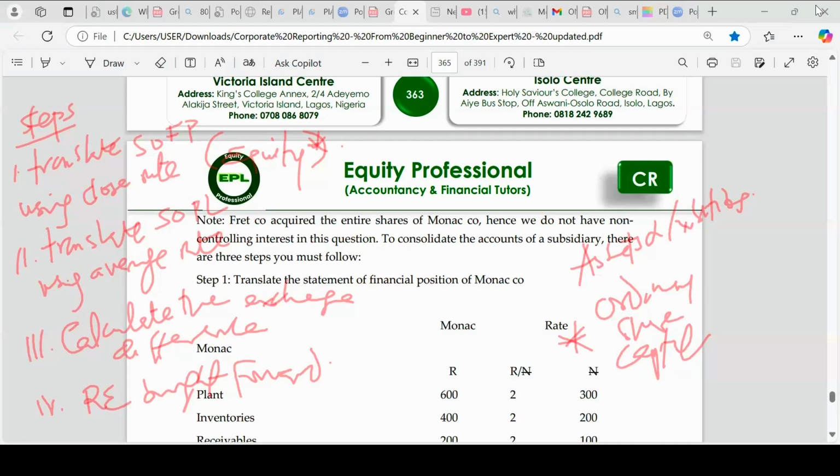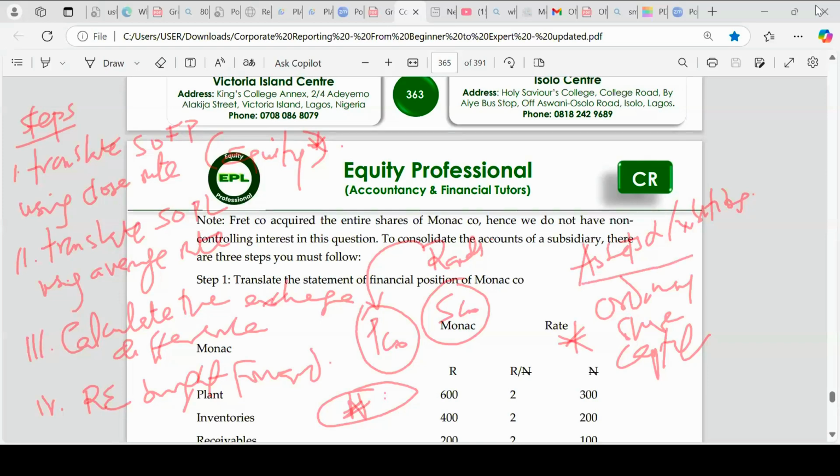If PICO is a Nigerian company, ESCO is a South African company, and they bought the shares of ESCO, even if they paid in rands, in their separate financial statement they would have converted it to Naira. Their investment in ESCO will be in Naira, and expectedly it should be at the historical amount that they invested.